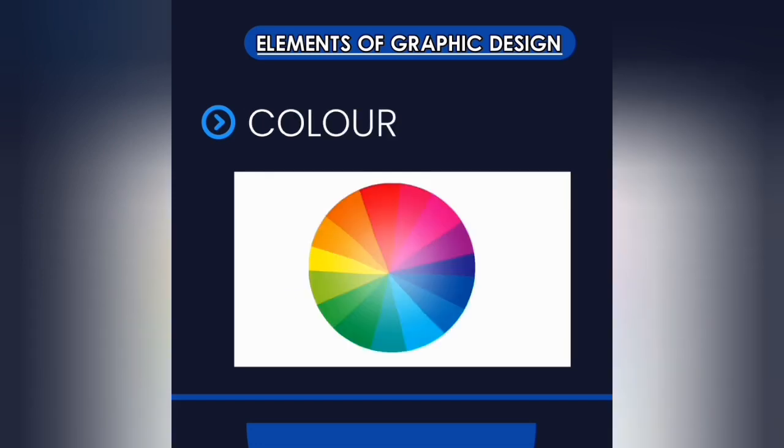The next element is color. There is a psychology behind the feelings that colors can evoke, and that is why it is important, because colors are used to generate emotions. They actually define importance, and as well as unify branding and lots more.